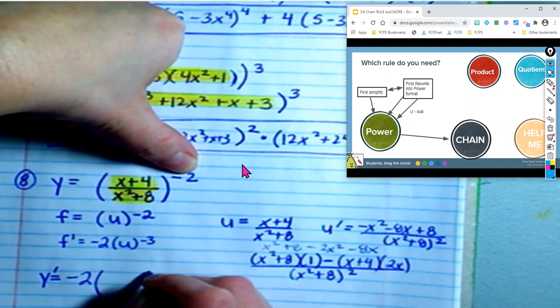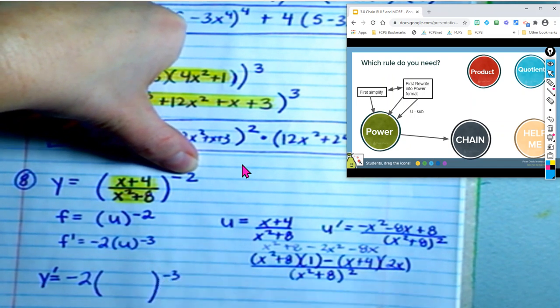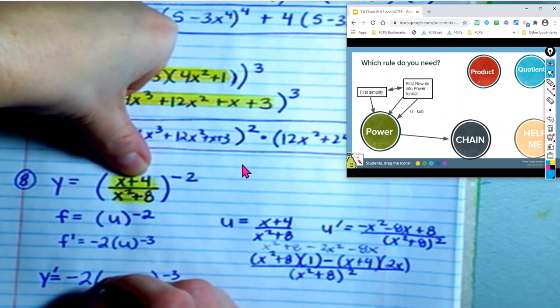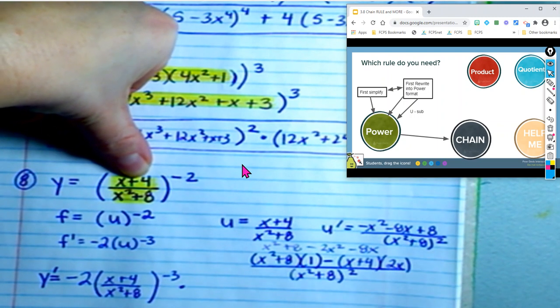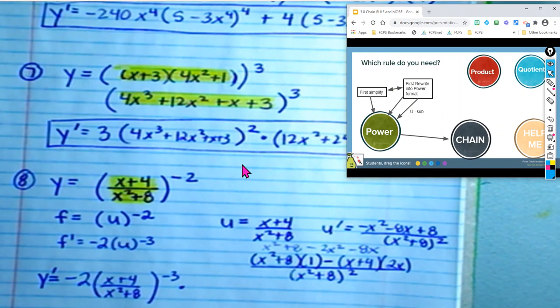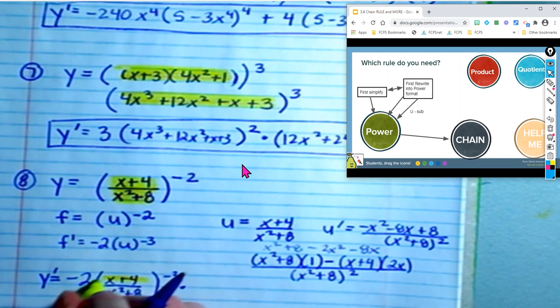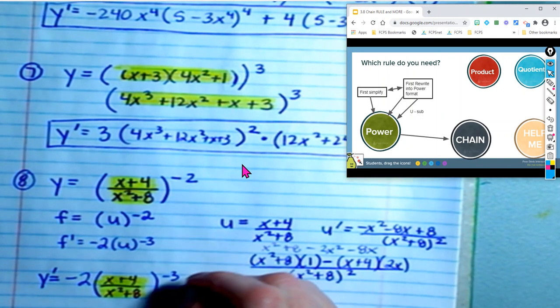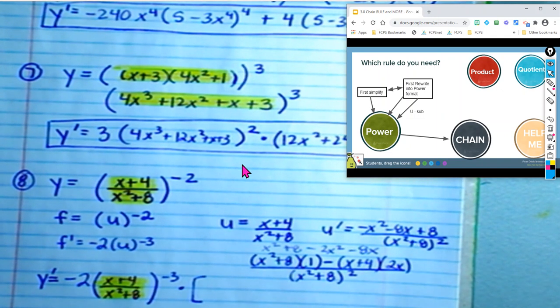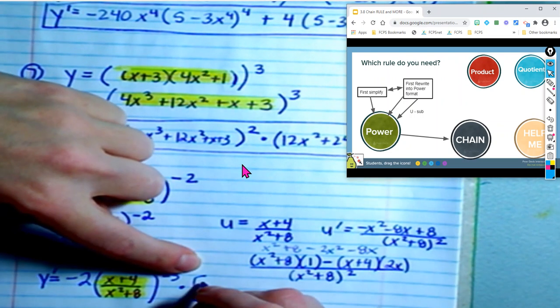Outside derivative, copy, times the inside derivative. Okay, there's the outside. That's why I like to highlight. Helps me position. Times the inside derivative. Now, would I do this work off to the side? I most certainly would.